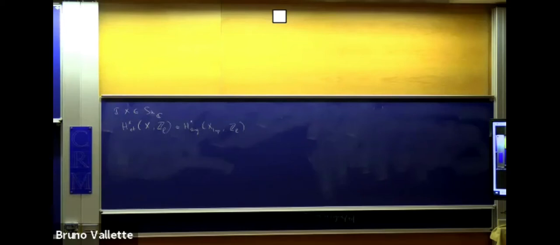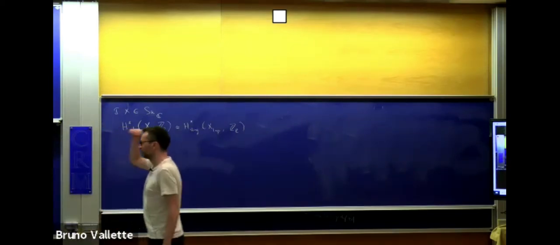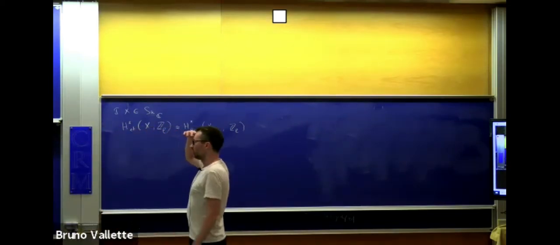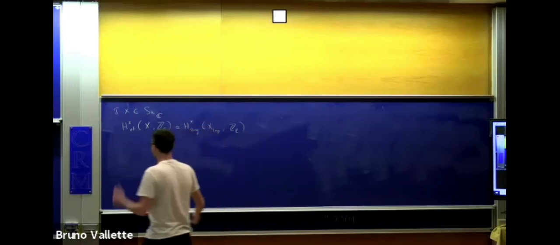Okay, so now we have this technology that tells us that there are interesting Galois actions on cochains over certain spaces. The problem is that these Galois groups are quite complicated to understand. So I'm going to simplify things a little bit.